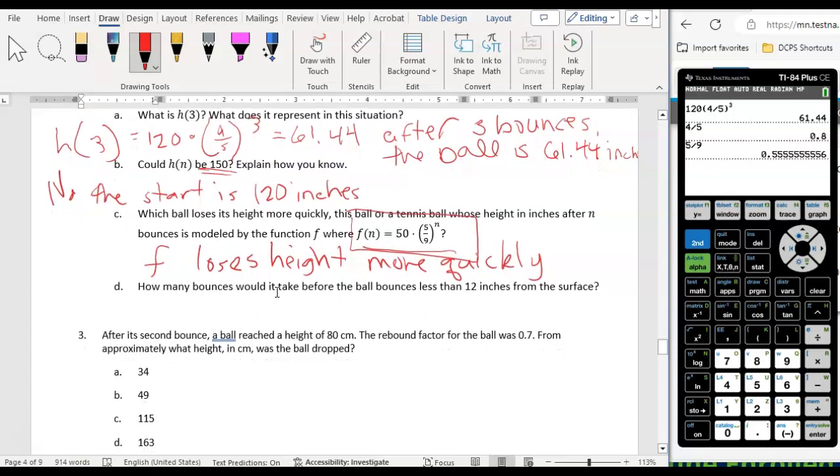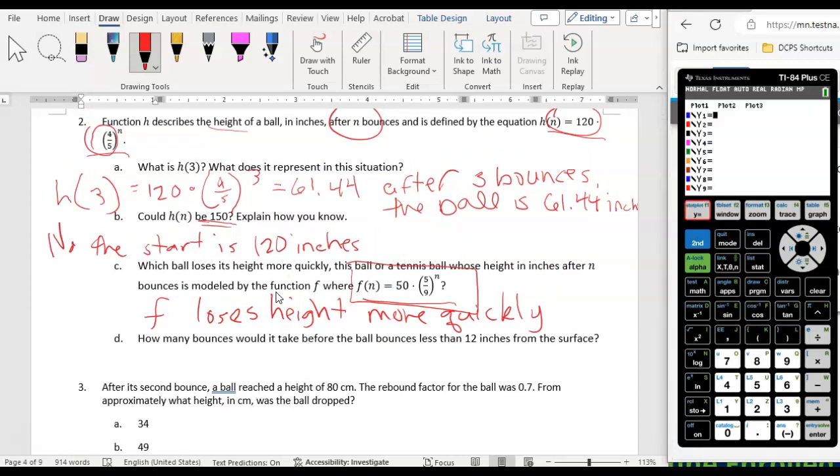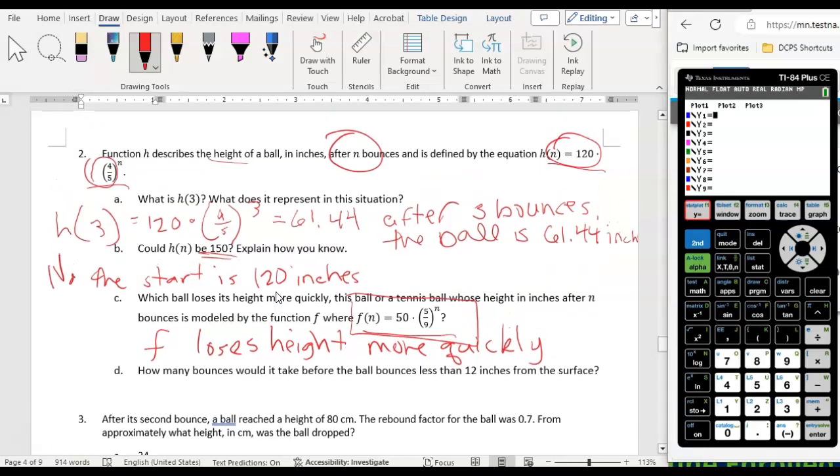It says, after how many bounces would it take for the ball to be less than 12 inches from the surface? So let's use our graphing calculator for this. We're going to do 120 times 4/5 to the power of x and graph that. And it's not showing up, so let's zoom out a little bit. There we go, now we can see it. And then I'm going to go to second table, and I want to look for where my height is less than 12 inches.